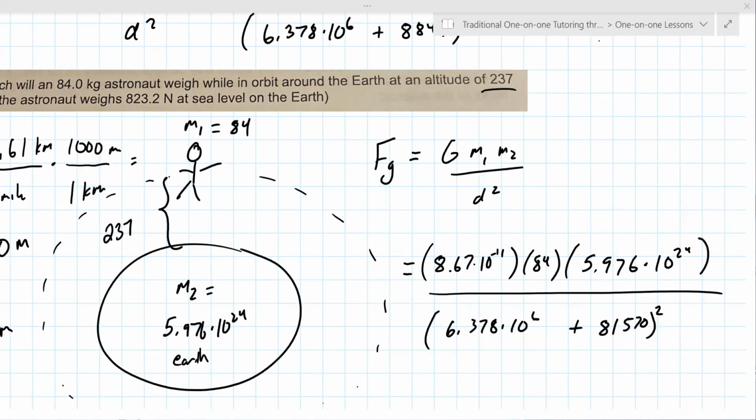So G. And I think we talked about last time, you can just use E and then the exponent.